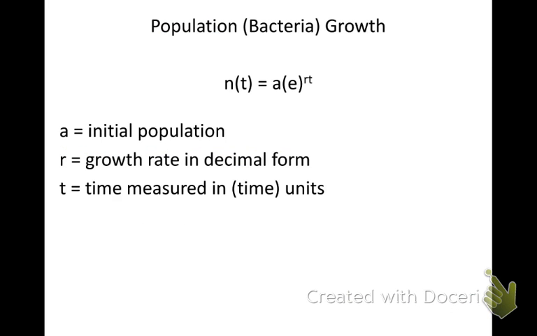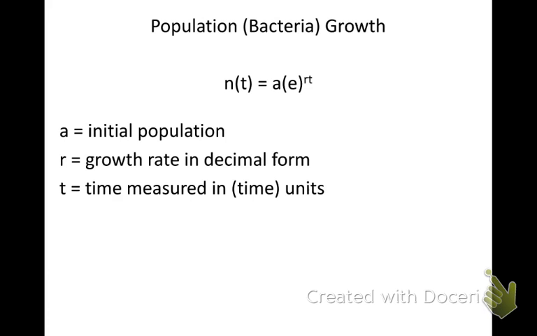All right, now we want to look at population or bacteria growth. You're going to find that this equation looks extremely similar to our continuous compounding, that PERT equation. But notice that they've changed the variables a bit here.